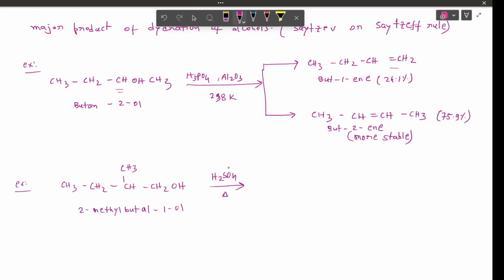and from this we will get CH3, CH2, C, double bond CH2. This is 2-methyl but-1-ene.